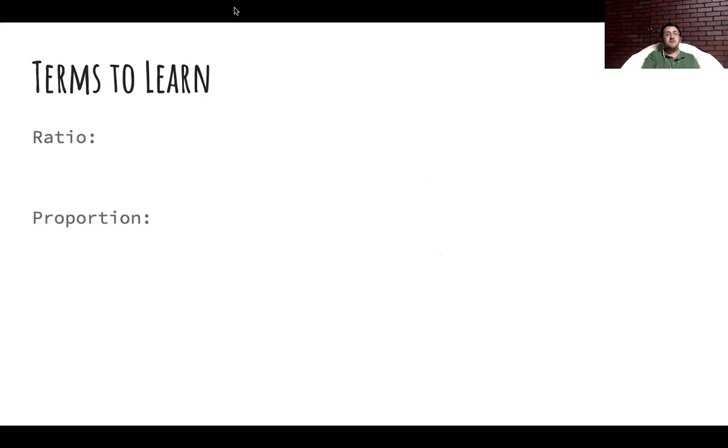All right, so a few terms to learn. One is the term ratio. So ratio in essence is a comparison between two numbers. For instance, at the music camp that I went to, the ratio between boys to girls was 1 to 2.